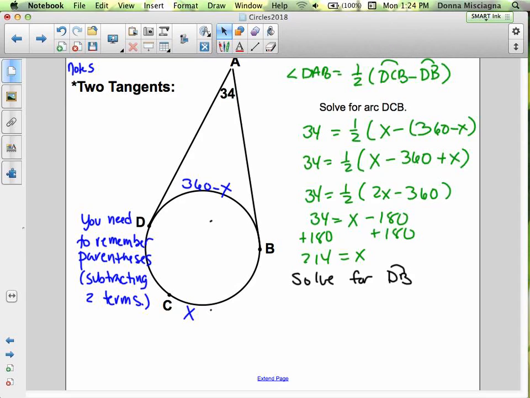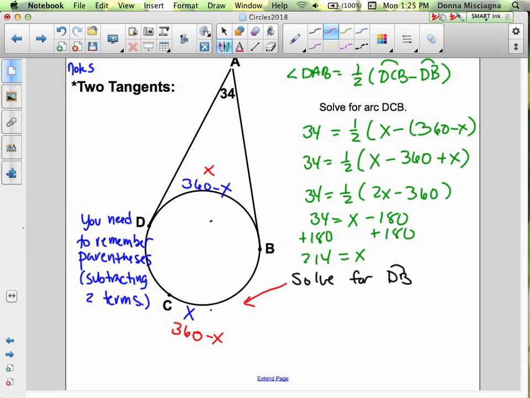So if we're solving for DB, then this is going to be the 360 minus X, and this one will be the X. It's easier to have what you're looking for be the X. So now if we're solving for DB, it would still be 34, and it would be 1/2. The large arc is now marked 360 minus X.